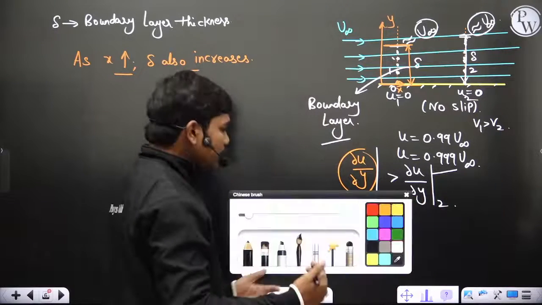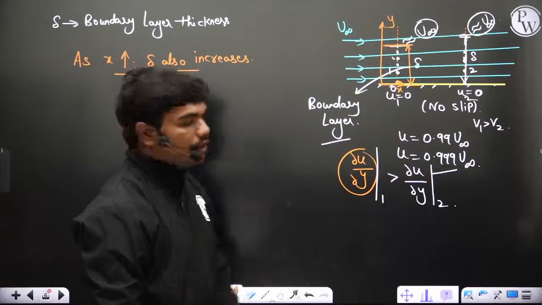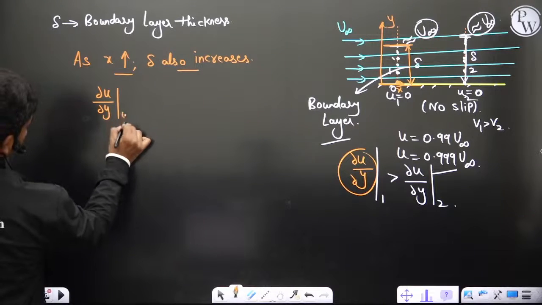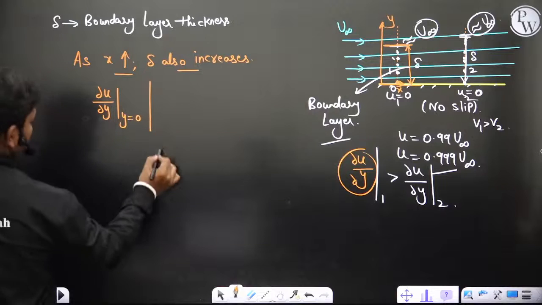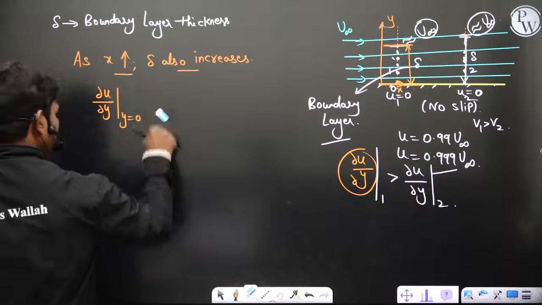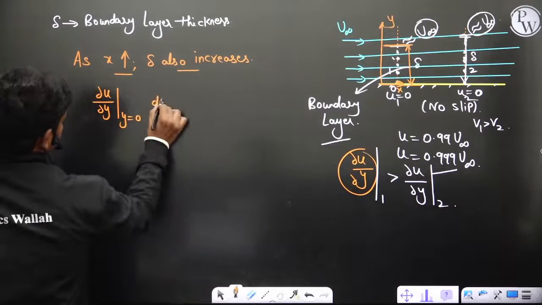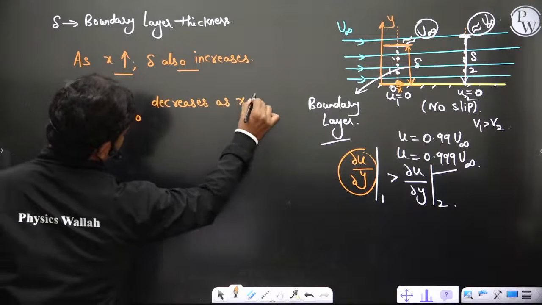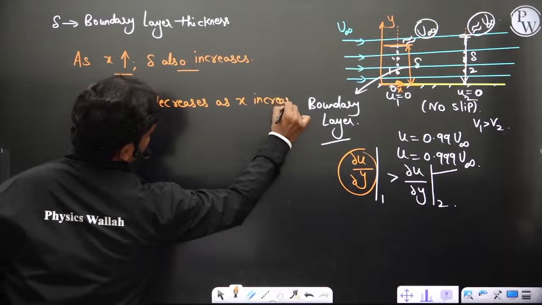And later when you do a bit of mathematics, you will also understand that dou u by dou y at y equal to 0 decreases as x increases.